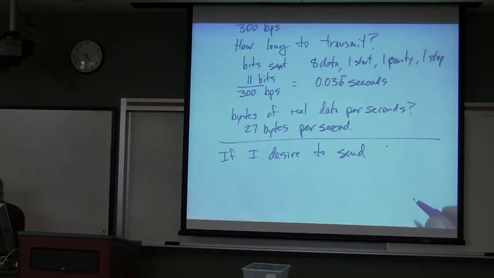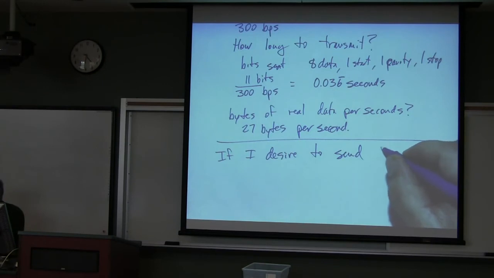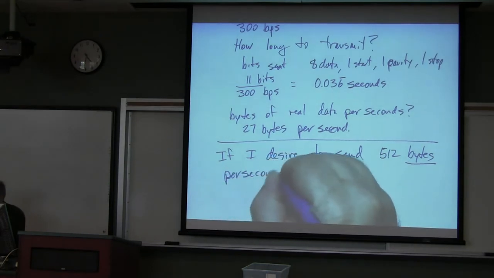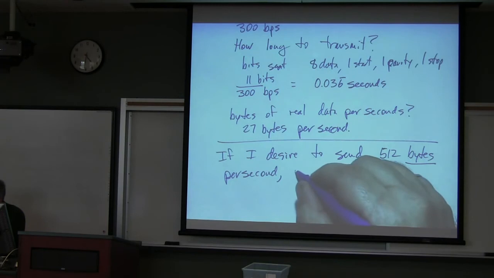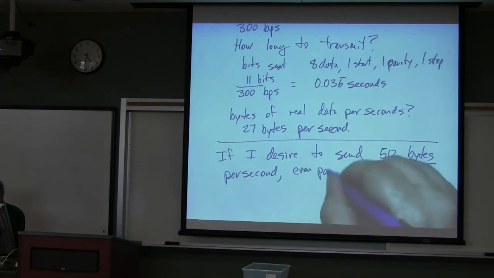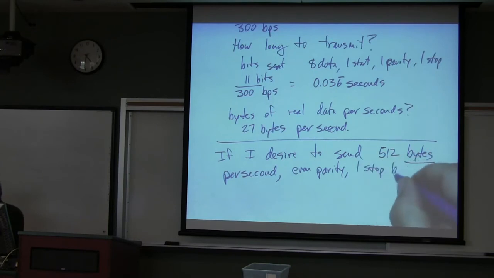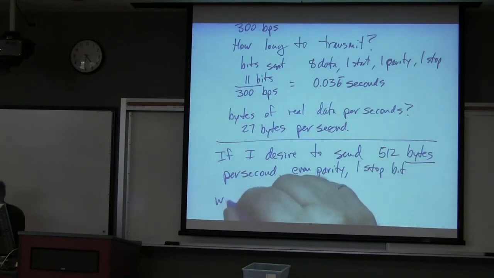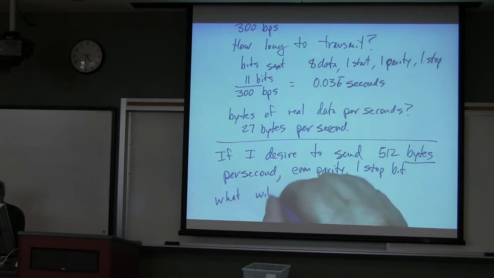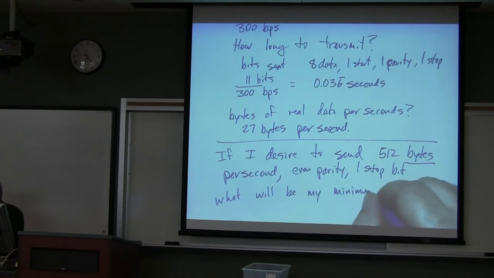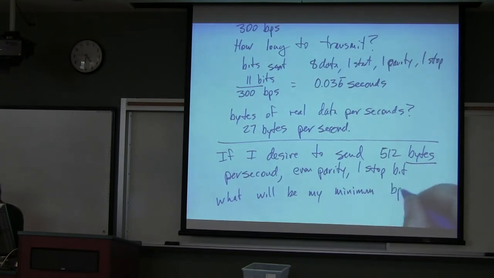So what I would like you to do is, if I desire to send 512 bytes per second, with even parity and one stop bit, what will be my minimum bits per second that I need to communicate at?